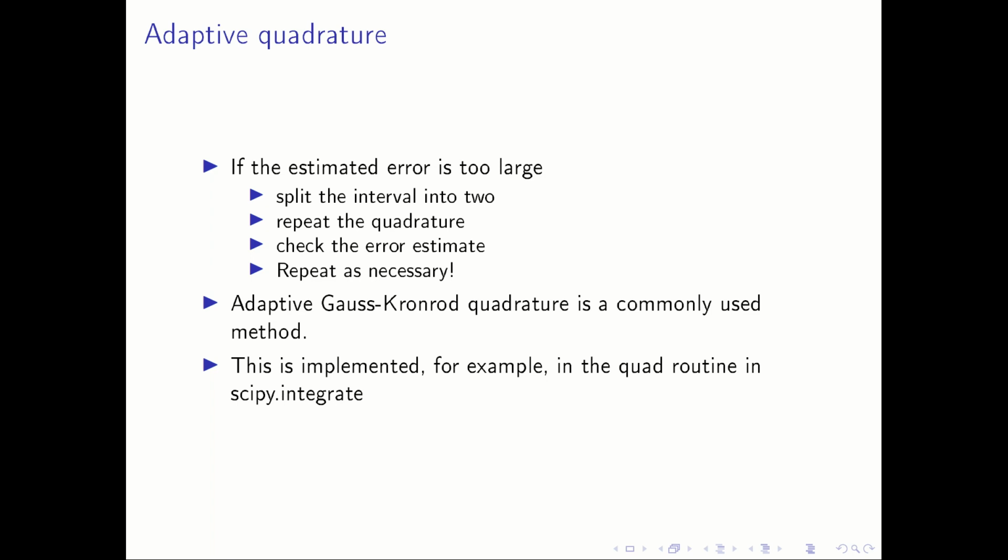So we are going to talk about how to use the submodules later, but what is important here is that the quad routine in scipy.integrate, and in fact the quadrature routines available in most packages, in most programming languages, actually use adaptive Gauss-Kronrod quadrature.